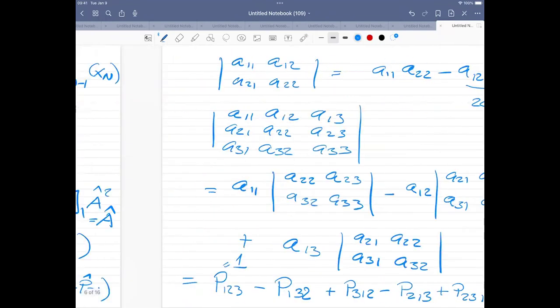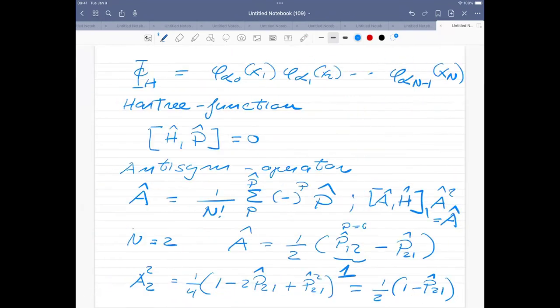So we defined this operator here. And we have a property that A squared is A, and it commutes with all parts of the Hamiltonian. Because we have assumed, so this is a permutation of, let's say, two particles, and we assume that the Hamiltonian is invariant under permutations of particles.